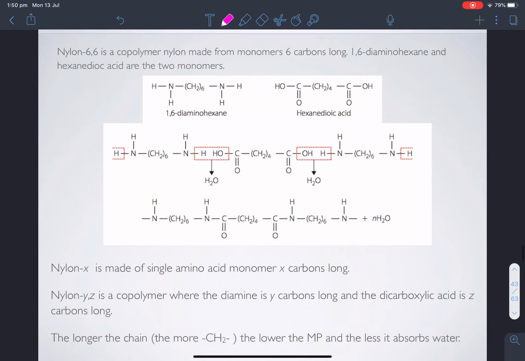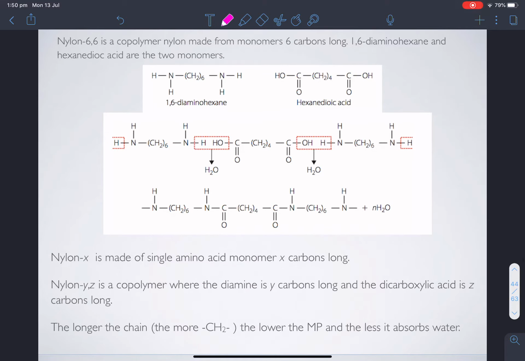Let's look at nylon 6,6, which, because there's two numbers, it's a copolymer nylon. It's made from monomers 6 carbons long. So we must have a diamine and a dioic acid, and so they're 6 carbons long. So I have 1,6-diaminohexane, or 2 amines with the hexane backbone in between.